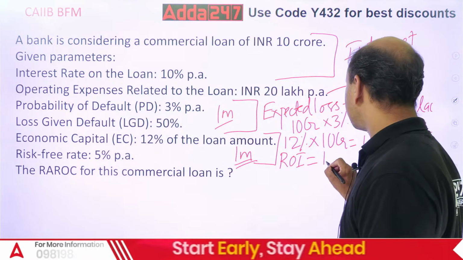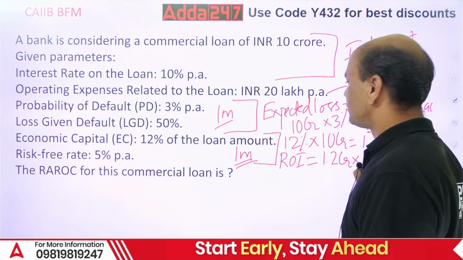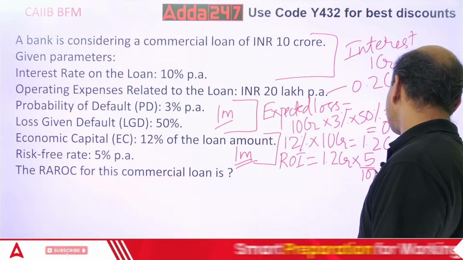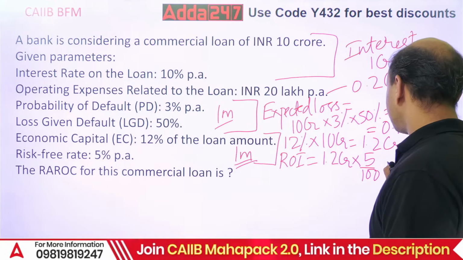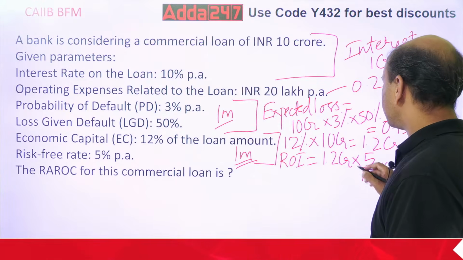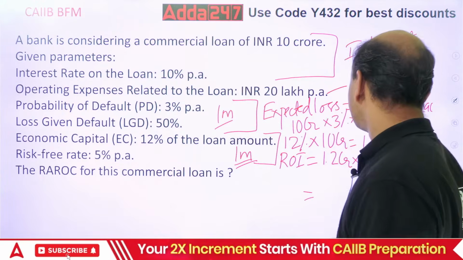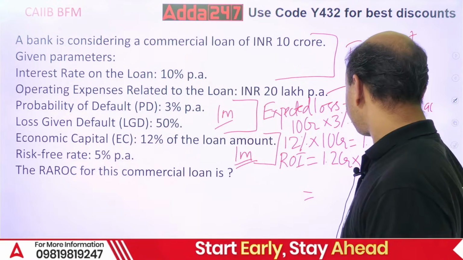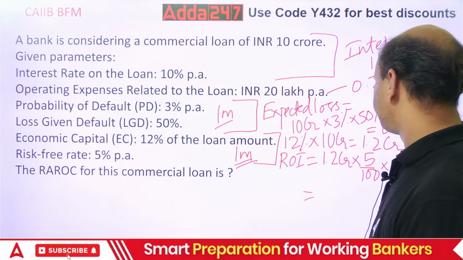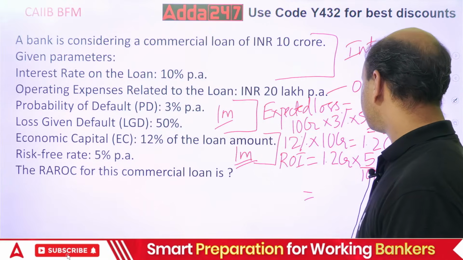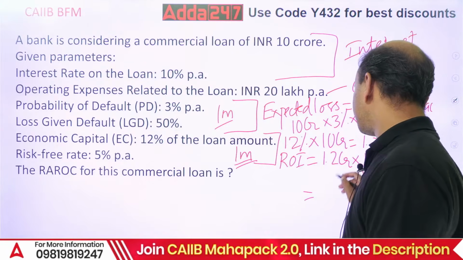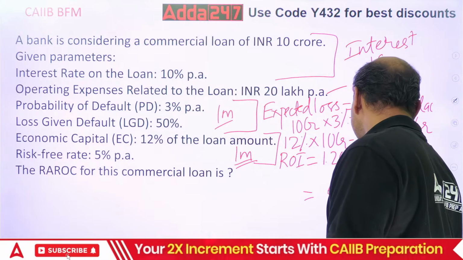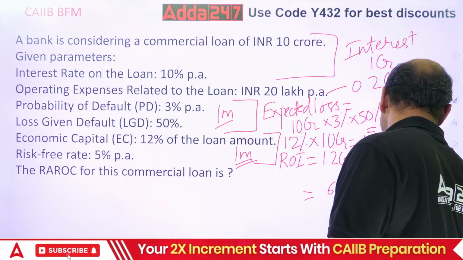So 1.2 CR into 5 upon 100 into 1 year, that is PNR upon 100. 10% of 1.2 CR is 12 lakhs, so 5% is 6 lakhs. So that is equal to 0.06 crores.